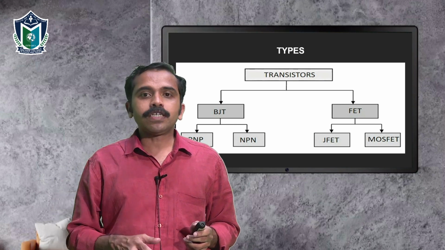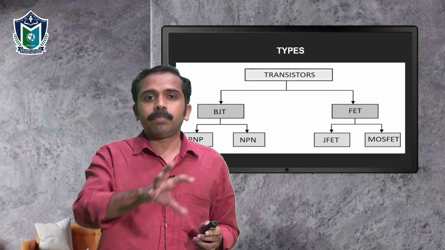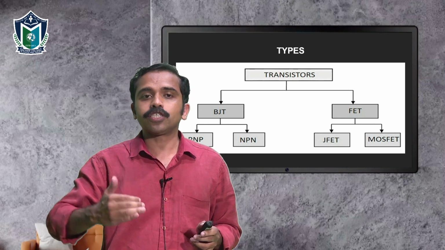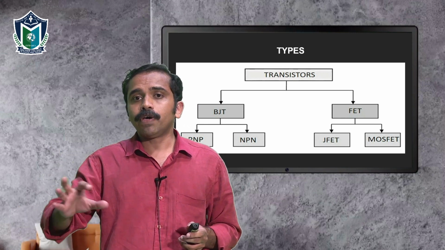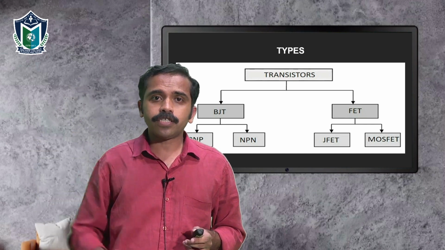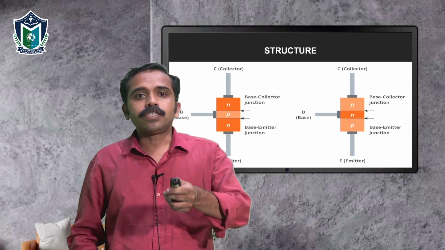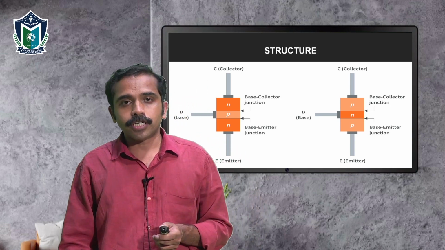In this session, we are focusing on the BJT, its classification and explanation. But in the case of FET, the discussion will be carried out in later sessions. Okay. Here, this is the structure of the bipolar junction transistor.